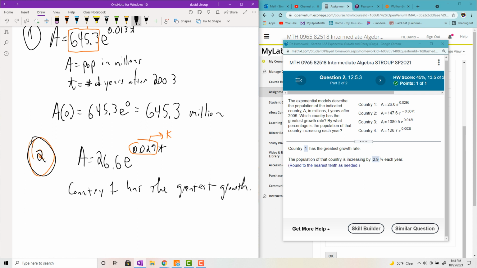For every year, that describes the increase of the population, so if you multiply that by 100, you would get 2.9% increase.